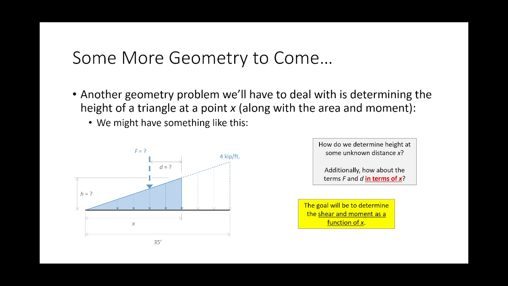Instead of cutting a section 5 foot from this support, or 10 foot, or 78.2 foot from this support, I'm cutting it at a distance X from the support. I'm doing that because I need to be able to write an equation that captures what the shears and moments are.